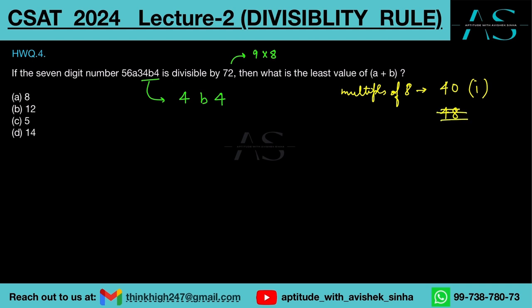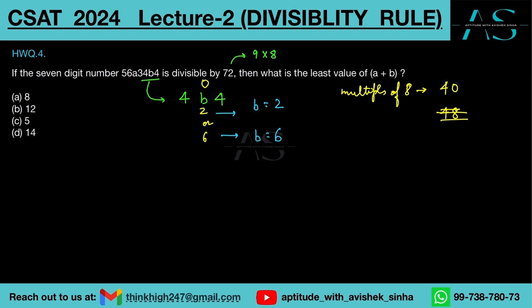I will only focus on making it 40. So if I make it 40, the next value could be either 24 or 64. Now, if this is 24, in that case B would be equal to 2. If we are looking at 64, in that case B is equal to 6.